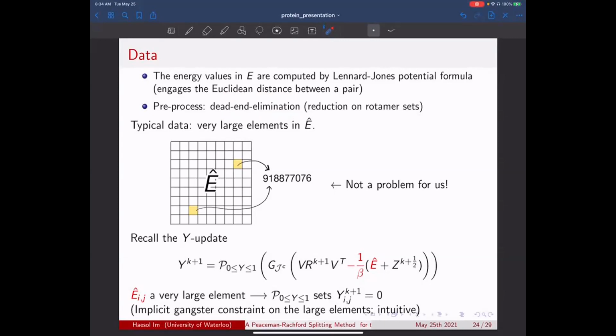Then after getting this data, what we typically observe is very, very large elements in E hat. In this picture, here and there in the matrix E hat, we have numbers that are this big. And this is not even the biggest in the data. We sometimes see a 16-digit integer, really, really large. When I see these big numbers in the algorithm, what I would do is maybe scale the data matrix E hat.